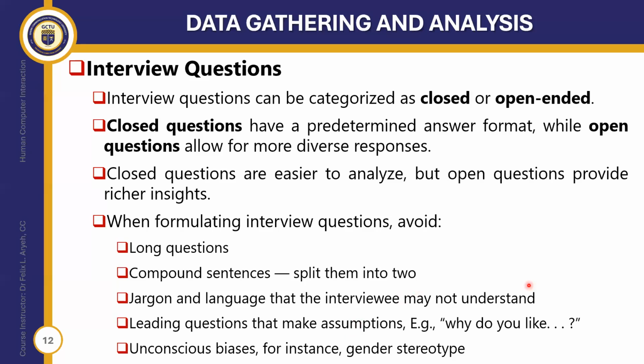Now, unconscious biases also come in. You should be mindful of biases relating to gender, race, and other factors, and formulate questions that do not perpetuate any stereotype. We have to be careful when asking some of these questions. It's unconscious, but you have to be mindful of the way you formulate them. So, examples of leading questions.